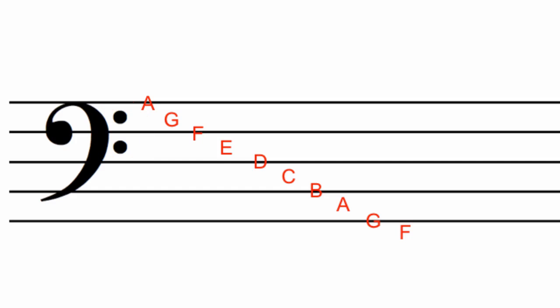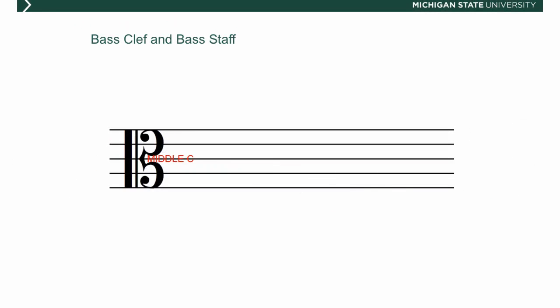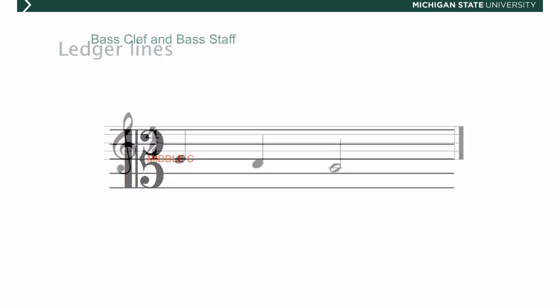This clef is sometimes called an F clef, since it seems to be pointing to F. The other common clef, which we won't be dealing with in this course, looks like this. The gap in the squiggles always points to middle C. In this case, called an alto clef, middle C is the middle line on the staff, but this clef could point to any line on the staff as middle C.